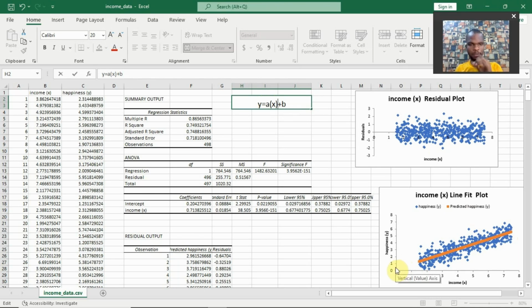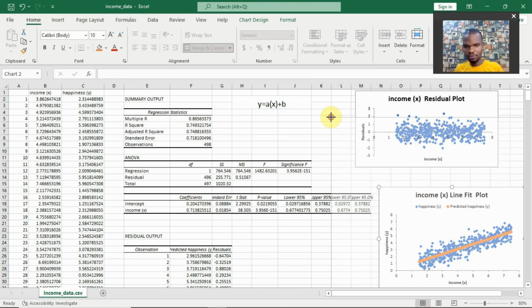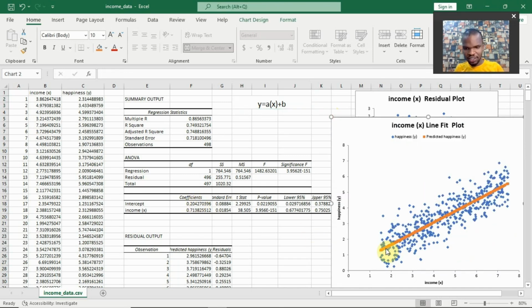So stay with me. If you look at the b value, which is your intercept on your y-axis, you can see the value here as 0.2. And that 0.2, if you trace this line further down, you can see it is heading towards 0.2.